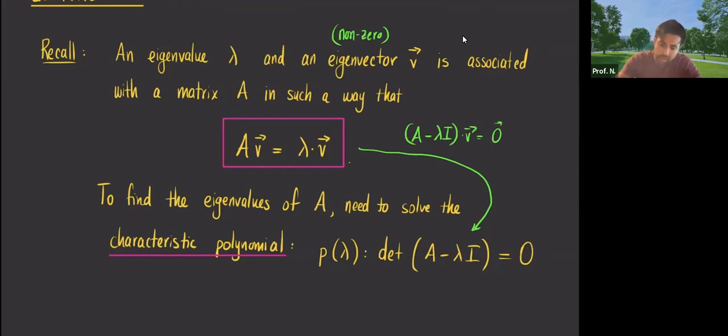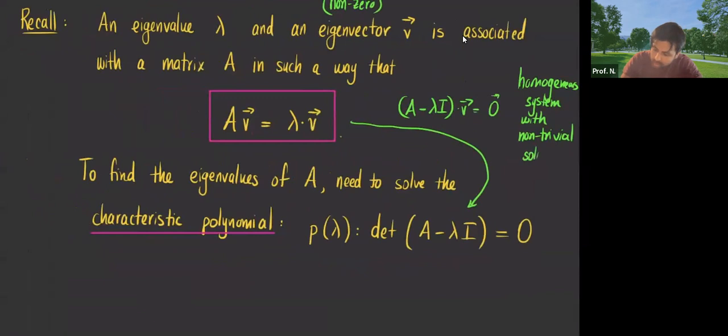A homogeneous system with non-trivial solutions implies that the matrix A minus lambda I is non-invertible.